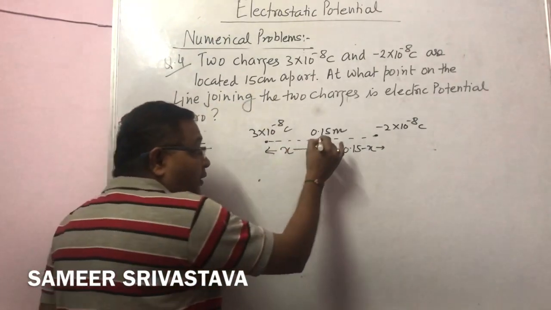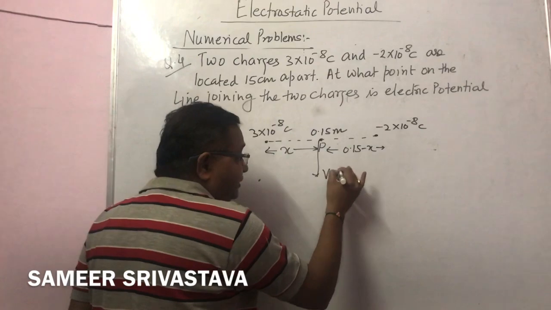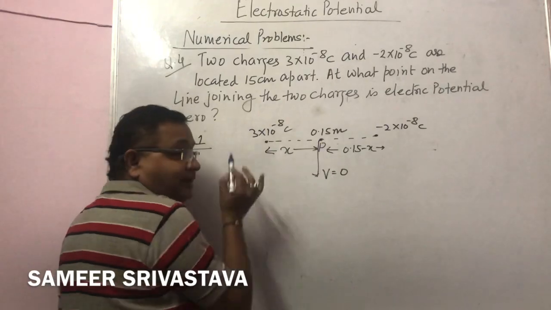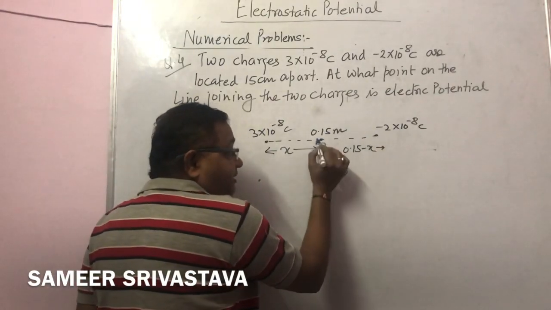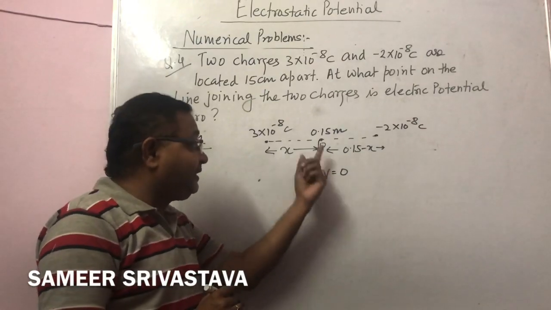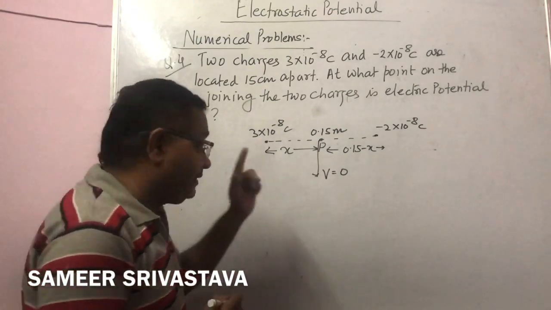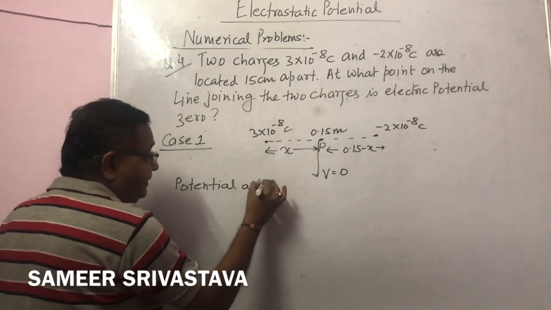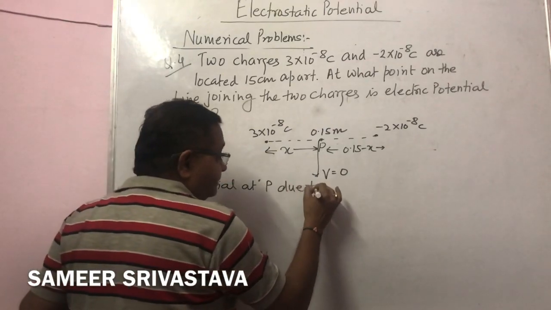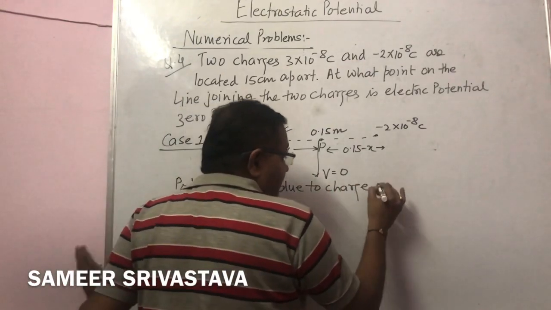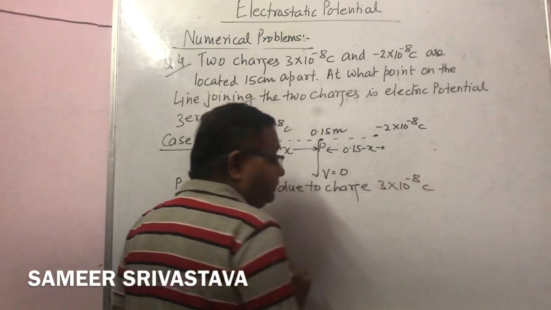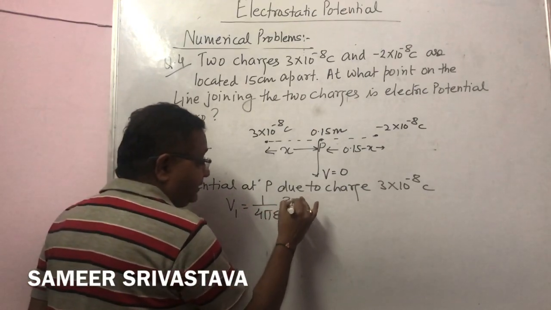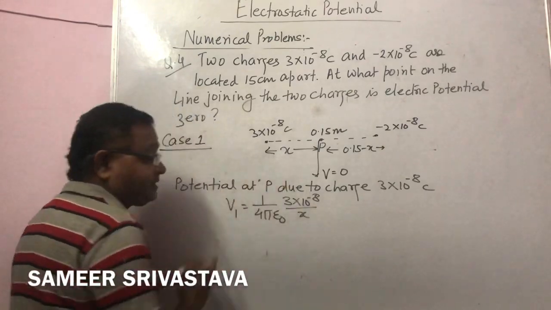Okay. Now on that point the net potential is 0. First of all, we have to find the potential due to each charge on that point. Net potential at that point is the summation of both potentials. Now potential at P due to charge 3 into 10 to the power minus 8 coulomb, we write V1 is equal to 1 upon 4 pi epsilon naught 3 into 10 to the power minus 8 upon x.